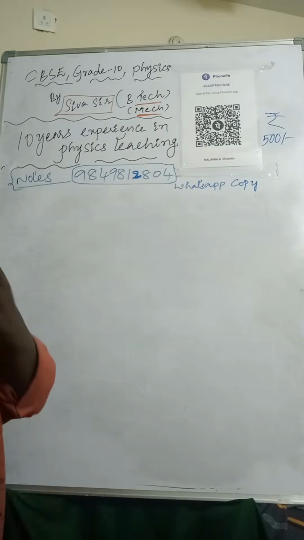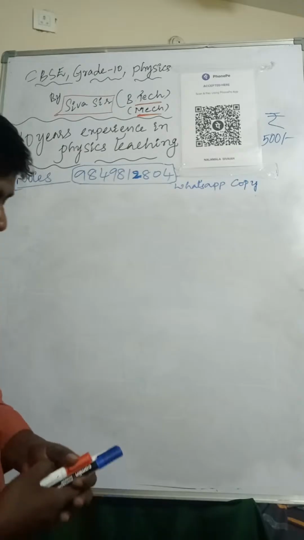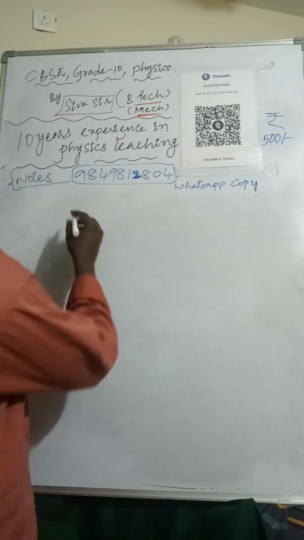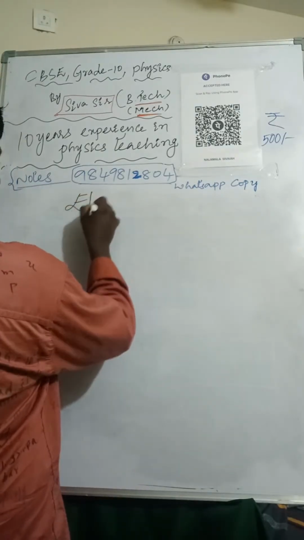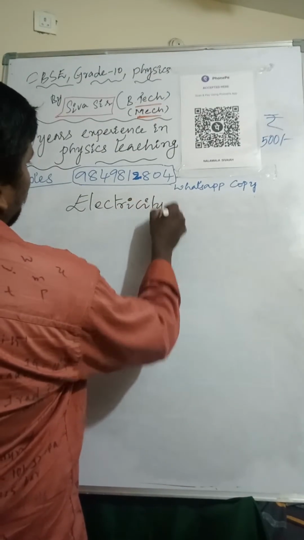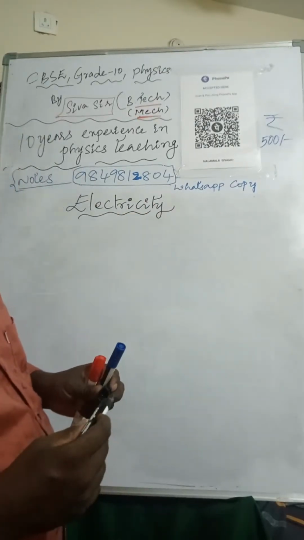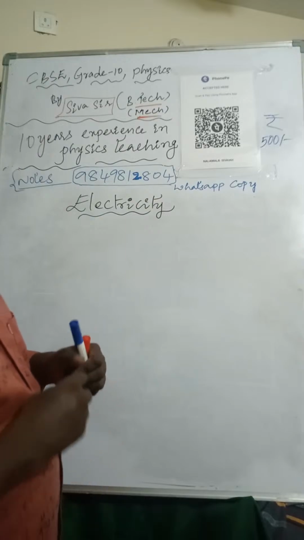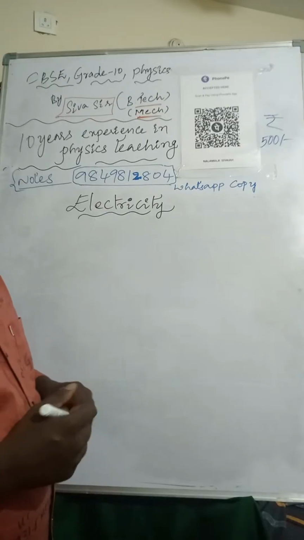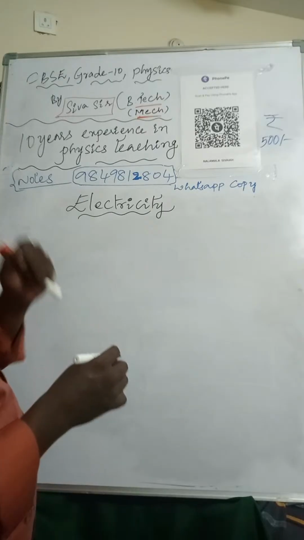Today's topic is electric current. Simply we can say electricity. The rate of flow of charge is called electric current.